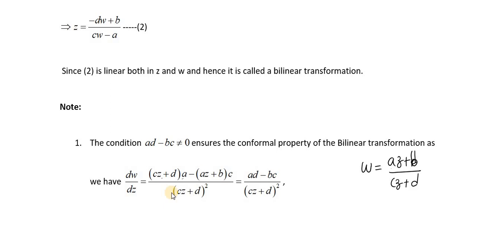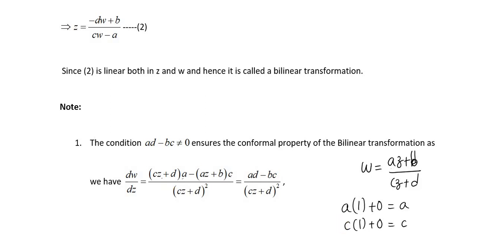The numerator is AZ + B, so A into 1 plus 0, that is A only. So A here, minus numerator into differentiation of denominator. Differentiation of denominator is C into 1 plus 0, which is C.